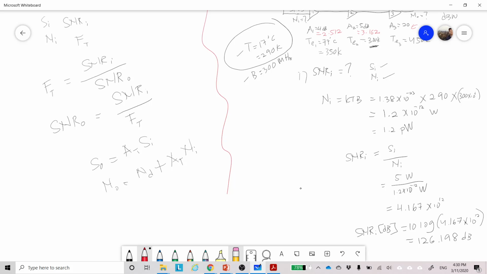But the problem is how to calculate the ND for cascaded. Okay, so if I want to calculate this is quite difficult. Tetapi saya boleh cari NO daripada SNRO. Remember that SNRO bersamaan dengan SO over NO. So if I want to find NO, SO over SNRO. Terus dapat. Tak perlu saya peningkan kepala dengan nilai ND.